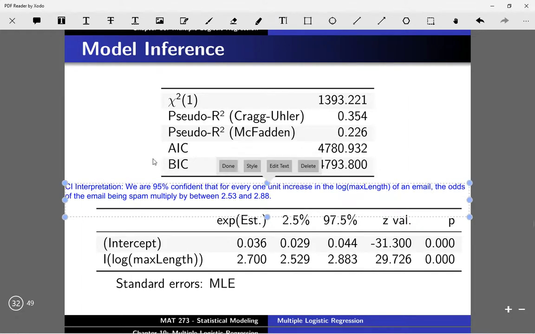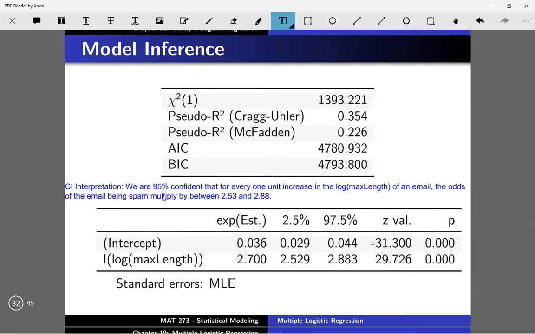This is an interpretation for this confidence interval. We are 95% confident that for every 1 unit increase in the log max length of an email, the units get a little bit messed up because of the log here, the odds of the email being spam multiply by between 2.53 and 2.88. So again, want to point out that the increase in the predictor value affects the odds on the multiplicative scale.